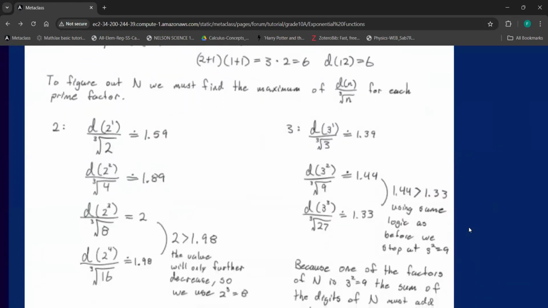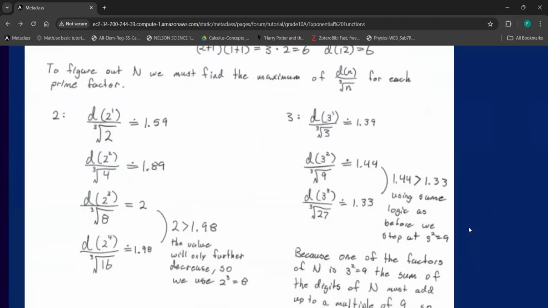Okay, so I already said this part. To figure out n, we must find the maximum of d of n divided by the cube root of n for each prime factor, right? And the reason why you can do this is because, hopefully you guys remember the product rule for exponential algebraic functions.